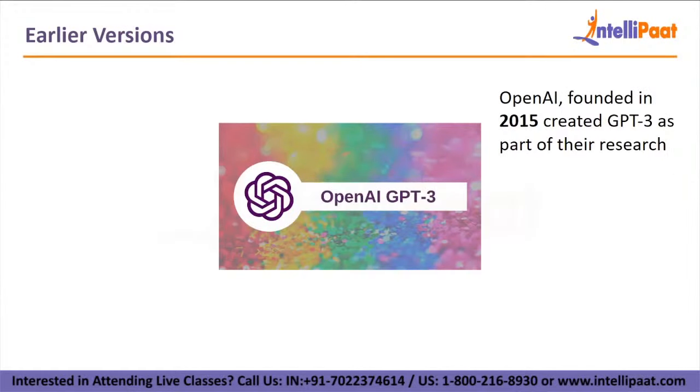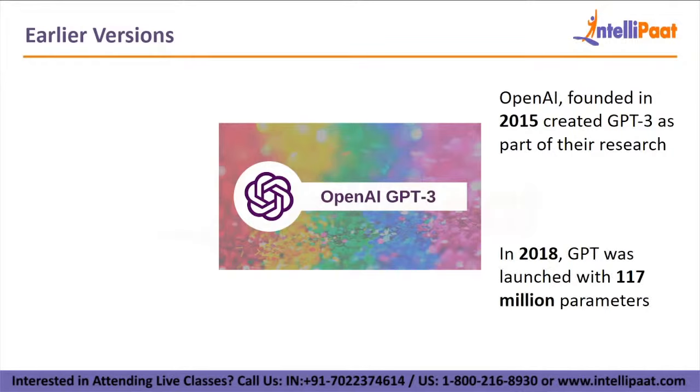OpenAI, a non-profit organization founded in 2015, created GPT-3 as one of its research projects with the purpose of promoting and creating friendly AI, or friendly artificial intelligence, in a way that benefits mankind as a whole. In 2018, the first version of GPT was launched with about 117 million parameters.